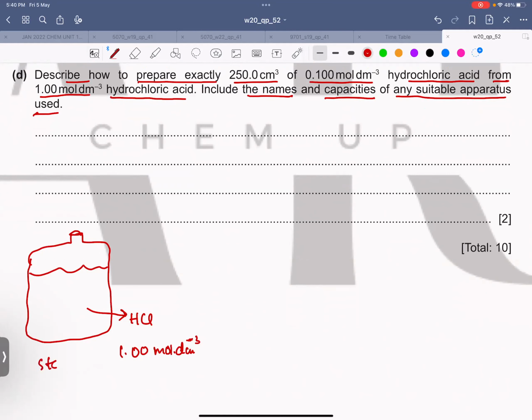That is the stock solution. And now you have to prepare a new solution of HCl, and that new solution has a concentration of 0.100 mol per dm³, and the volume of the new solution must be 250 cm³. Is the question understandable to everyone?